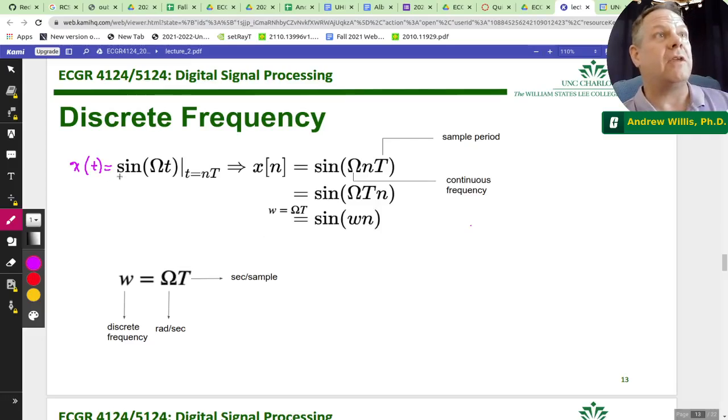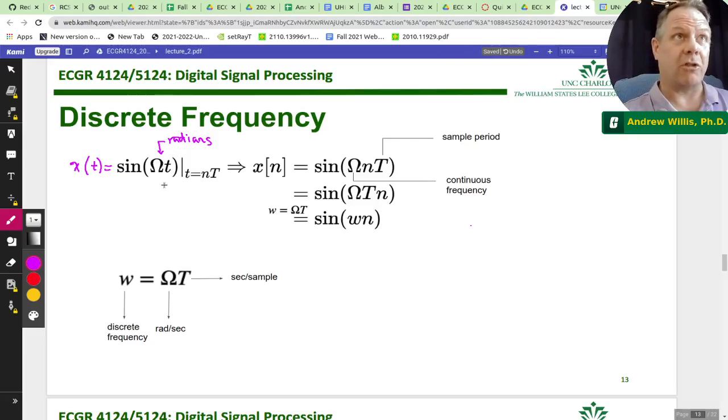So we've got x of t here, and it's equal to sine of omega t. Now, just one thing to establish. When we take the sine of something, the units of what goes inside of a trigonometric function are radians, not degrees.